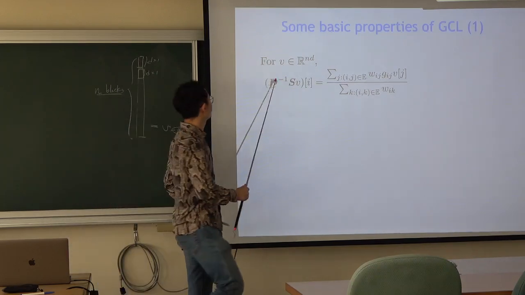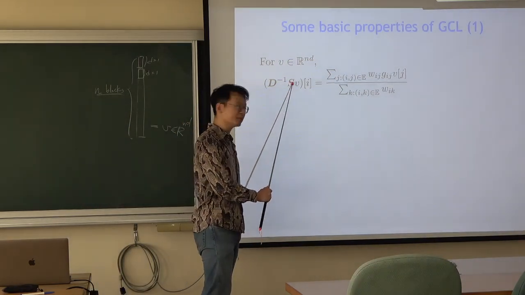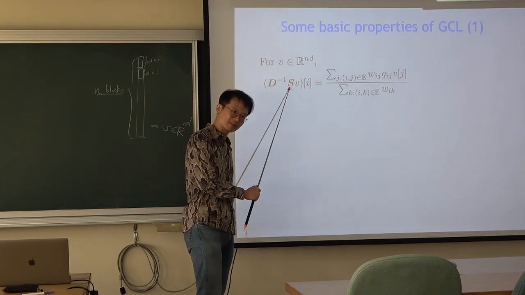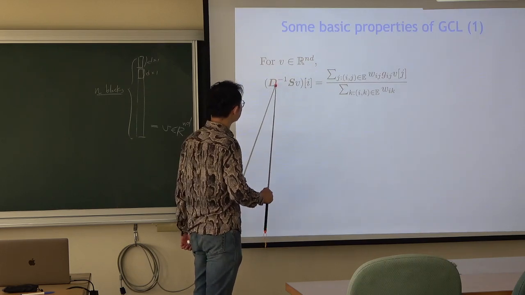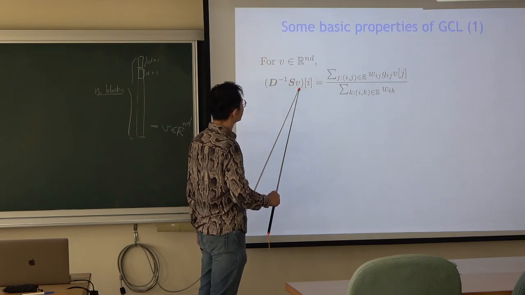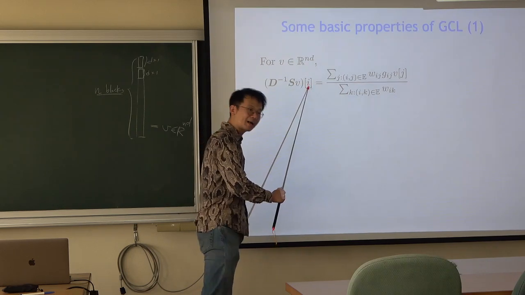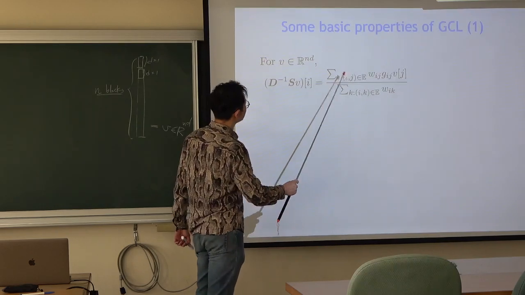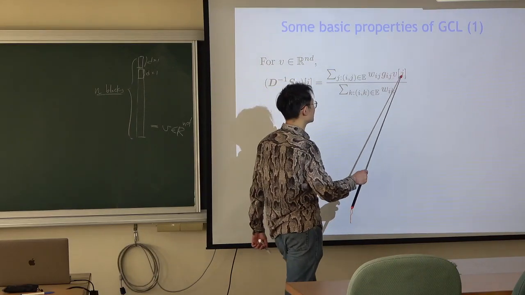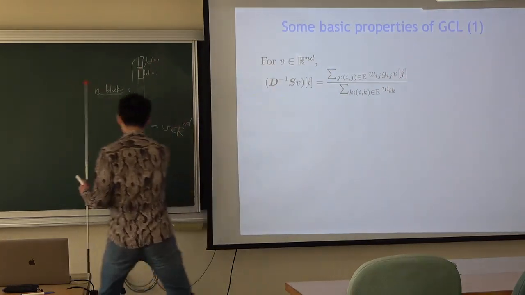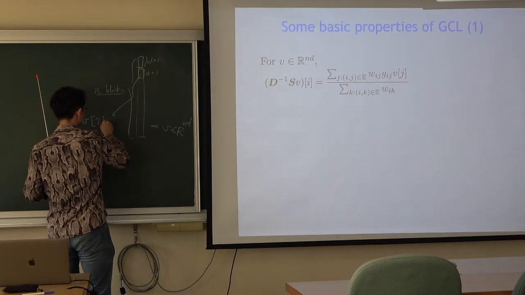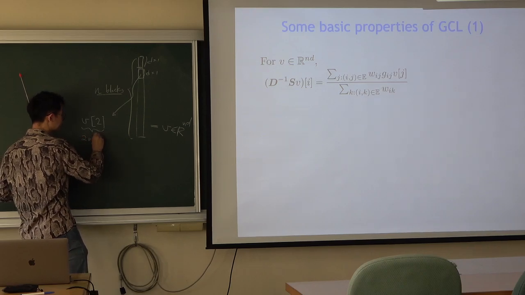Now, you have D inverse S, and D inverse S is a block matrix of size n by n with the block size d by d. What you do is you multiply D inverse S by v and evaluate at the ith block, and that can be written on the right hand side. It becomes the sum of Wij Gij v(j), and you consider the jth entry. The notation I use here is this guy is denoted as v(2), which means the second block.